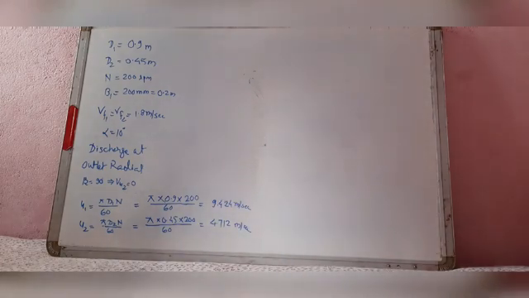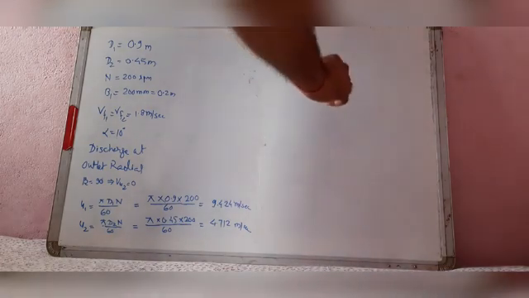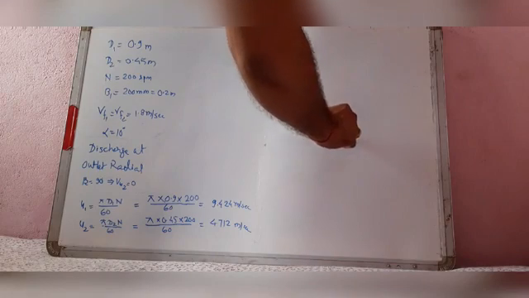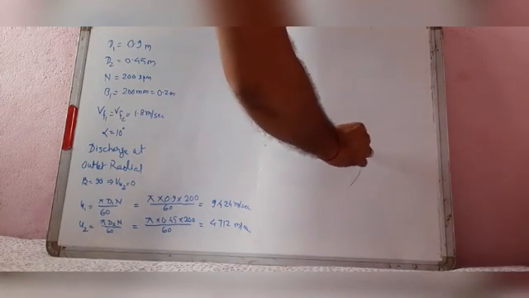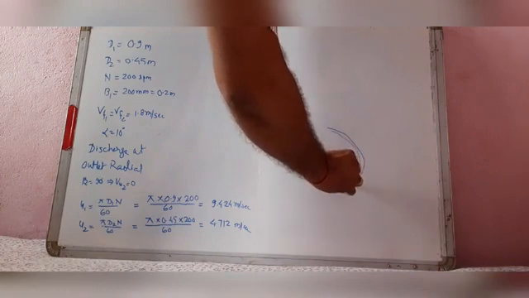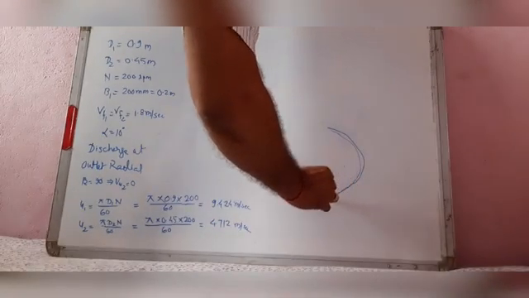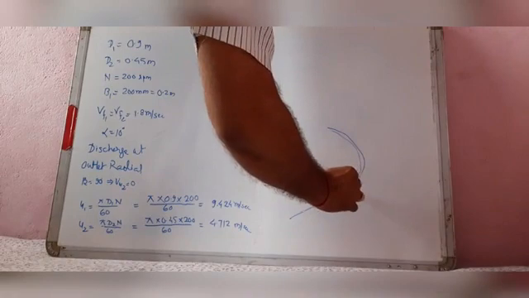Now we have to calculate absolute velocity of water at inlet of the runner V1 from the velocity triangle. So here we have to make velocity triangles. Here the blade is like this, and velocity triangle at inlet.